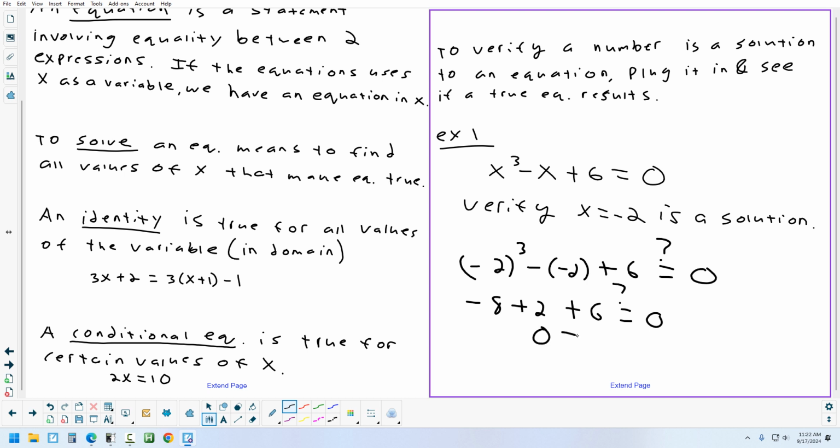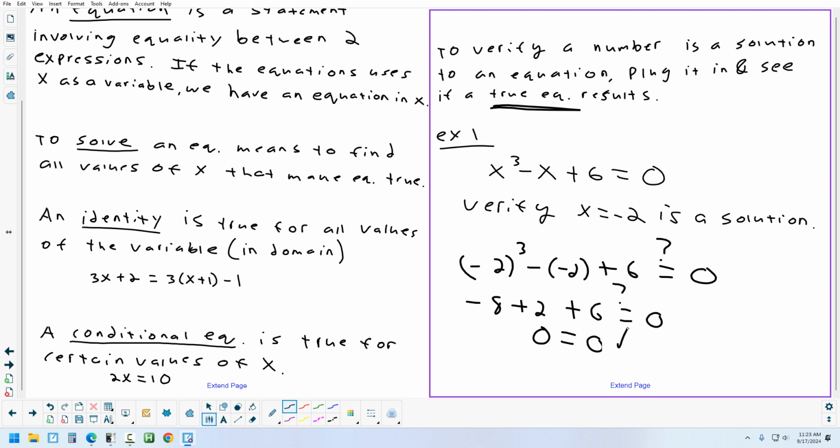0. Okay, so I plugged it back in. Did I end up with a true statement when I plugged it back in? Yeah. Since I got a true statement, that proves -2 is a solution. Not saying the only solution, but it is a solution.